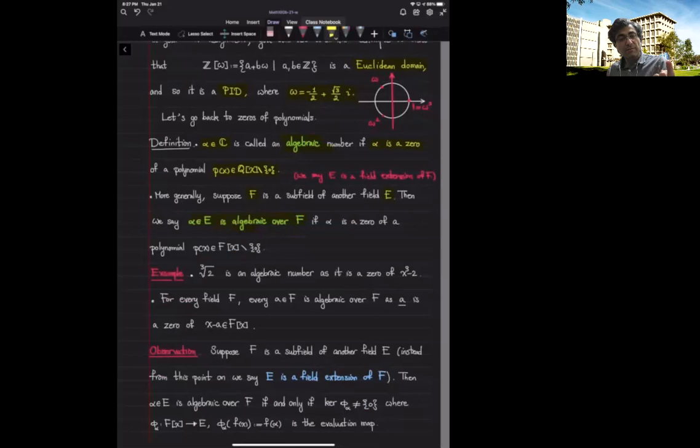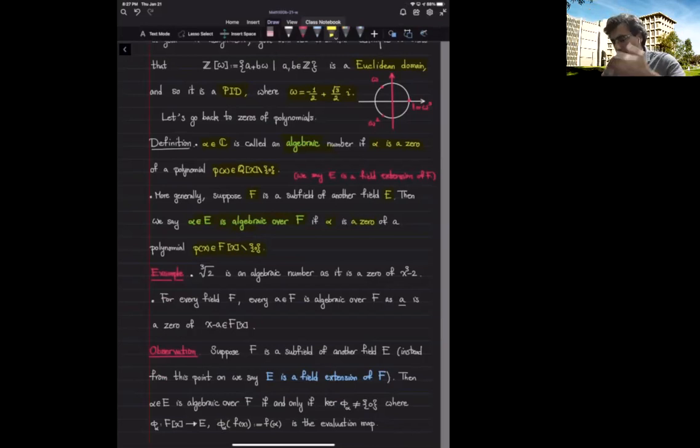We say alpha is algebraic over F if alpha is a zero of a non-zero polynomial with coefficients inside F. Instead of saying alpha is algebraic over Q, we can simply say that alpha is an algebraic number. But in general, we have to specify and say alpha is algebraic over this field F.